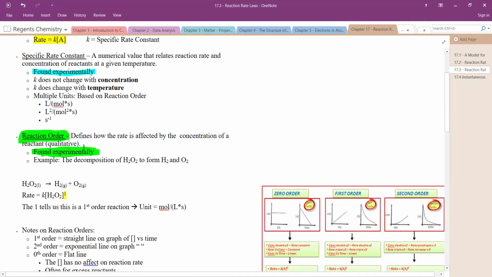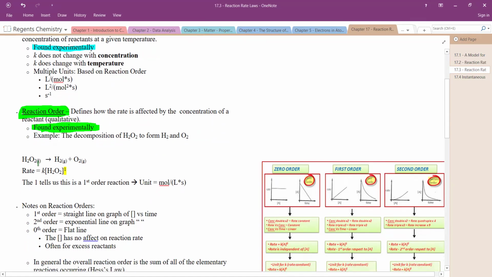Okay. And let's look at this example. I like to go into the decomposition of hydrogen peroxide, H2O2, to form hydrogen and oxygen gas. I've written out the equation here where we have H2O2 (liquid) going to H2 gas plus O2 gas.